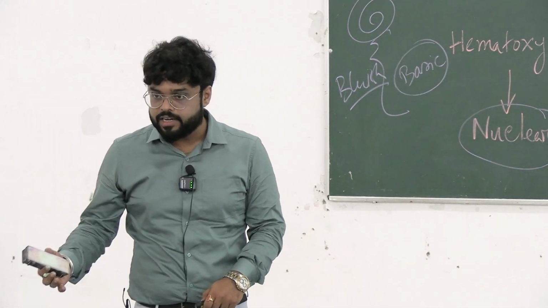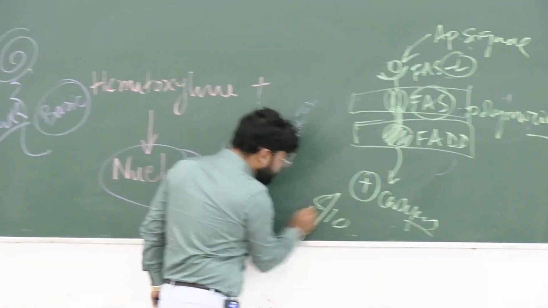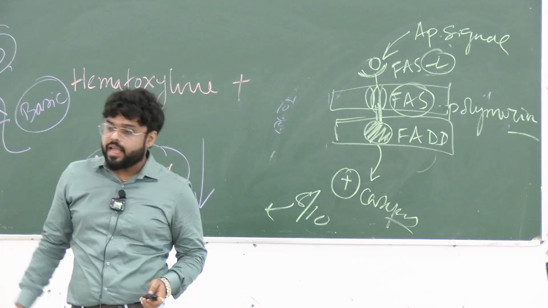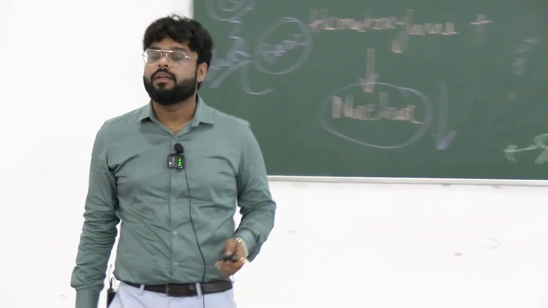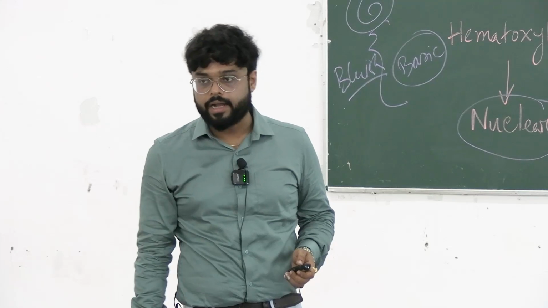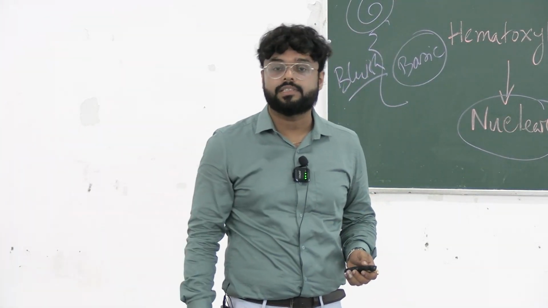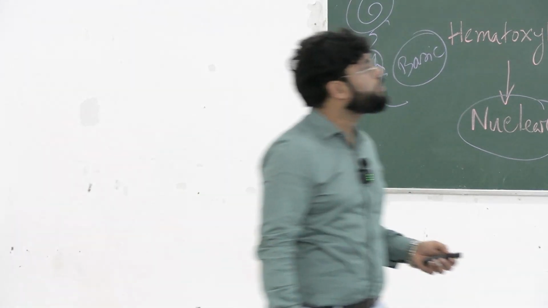It's a chain reaction. The activated caspase 8 or 10 maintains a chain reaction downstream, and so many other pro-caspases are cleaved to form activated caspases, and execution caspases are formed. So this is one type, the extrinsic pathway.